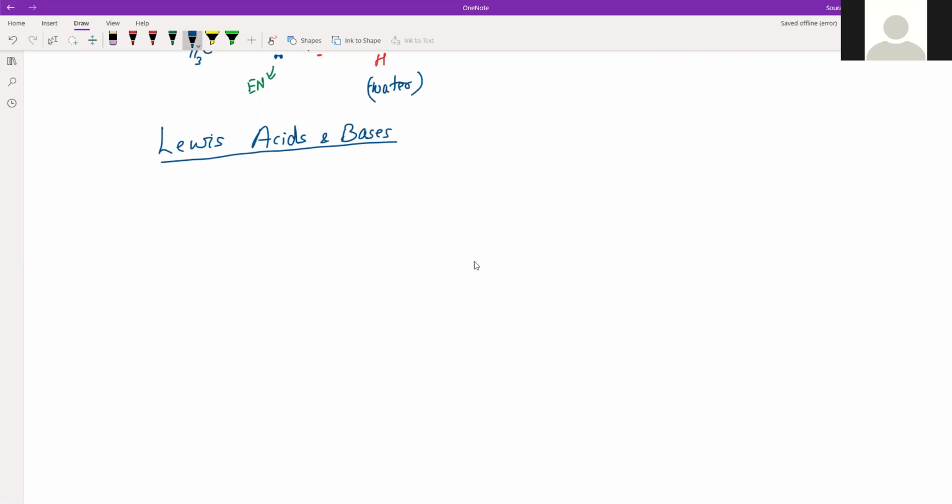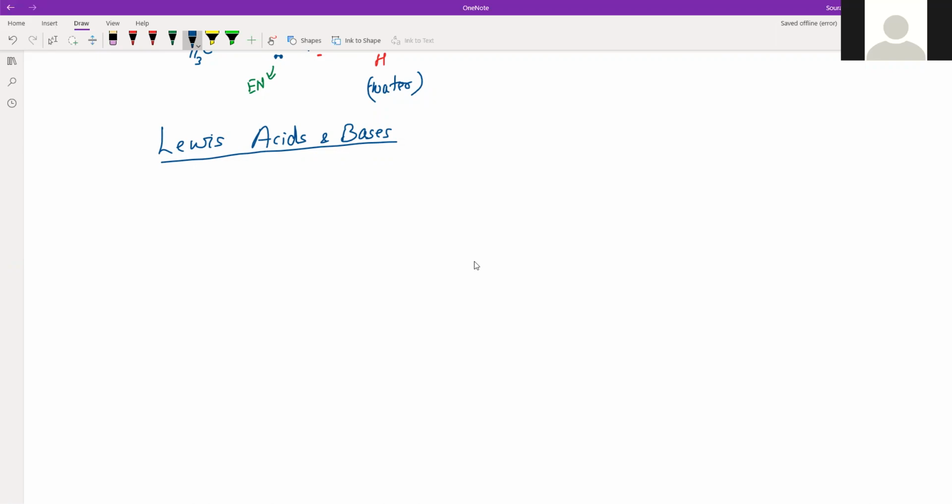So it is not limited only to H plus and OH negative transfers, right? Understanding this theory, the Lewis acid-base theory, is exceedingly helpful in understanding a variety of organic reactions.